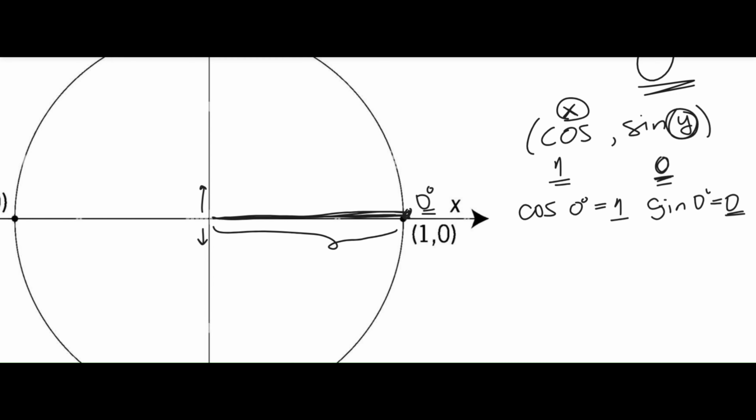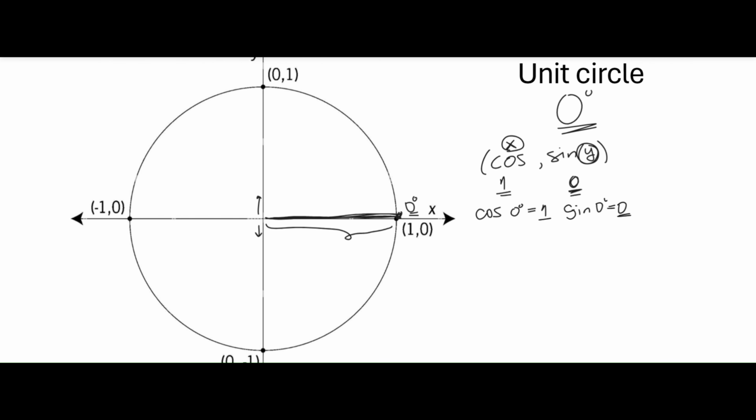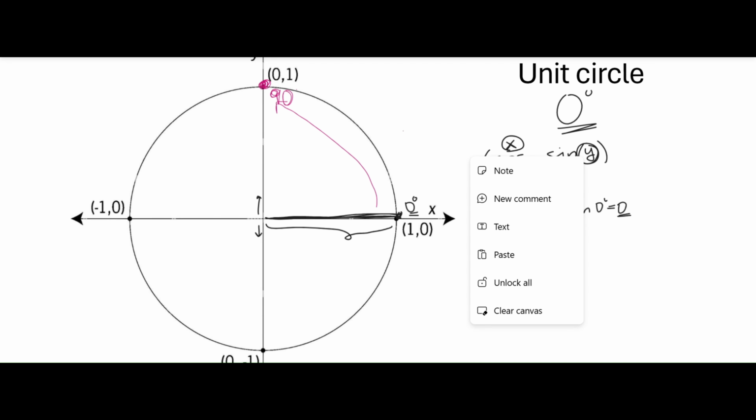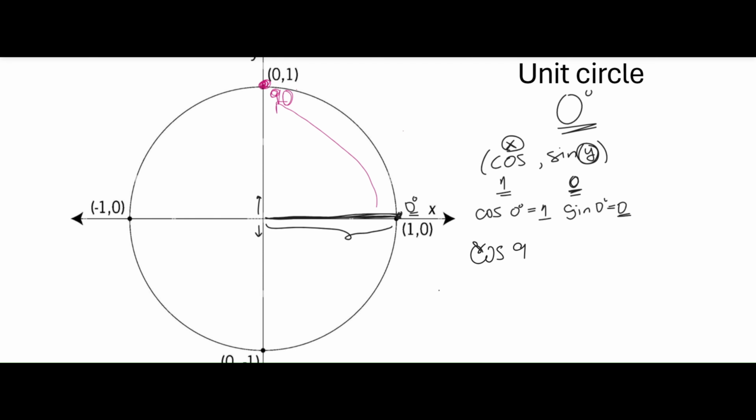Alright? Now, what happens if we go all the way up until we reach 90 degrees? So we are at this point here because we want 90 degrees. What is the cosine of 90 degrees and what is the sine of 90 degrees? Cosine at this point: did we move to the right or to the left side?